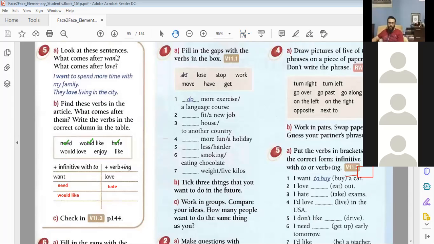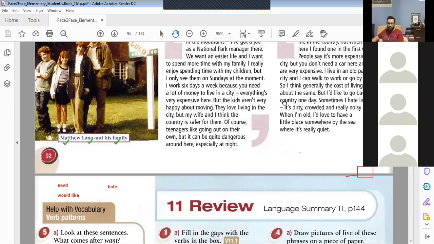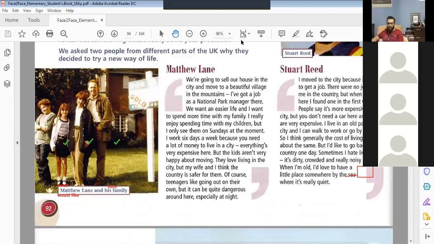Let's look for would love. I think, Abdullah, you found it, right? Yes. Yes, correct, Abdullah. Very good. I'd love. And what did we use after would love? Did we use infinitive with to or verb plus ing?